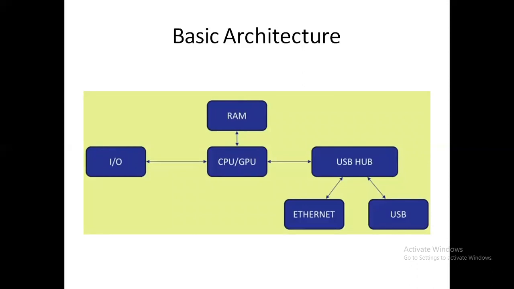You have RAM and USB, and a USB hub, which you can connect using Ethernet or USB ports, to connect regular USB devices. So in short, this is simple to understand: it looks like a normal PC, right?